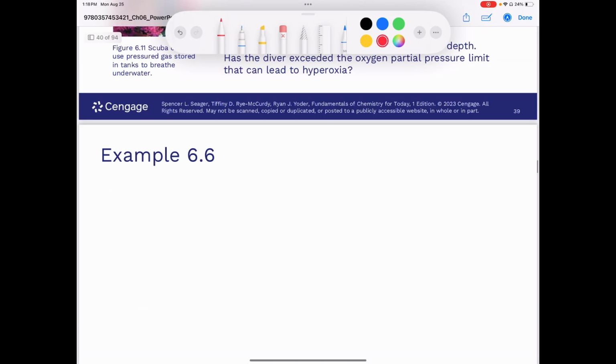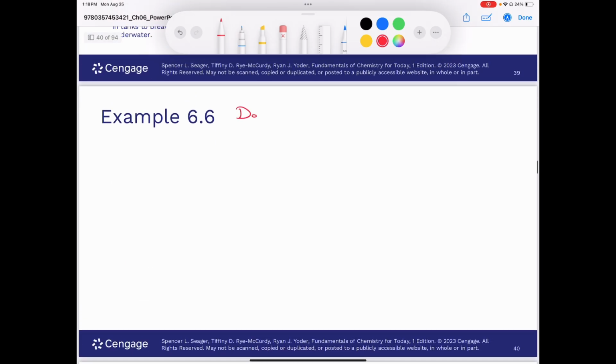Well, remember that Dalton's law states that the total pressure is going to be equal to the pressure of the oxygen plus the pressure of the nitrogen. Now they've given us the total pressure.